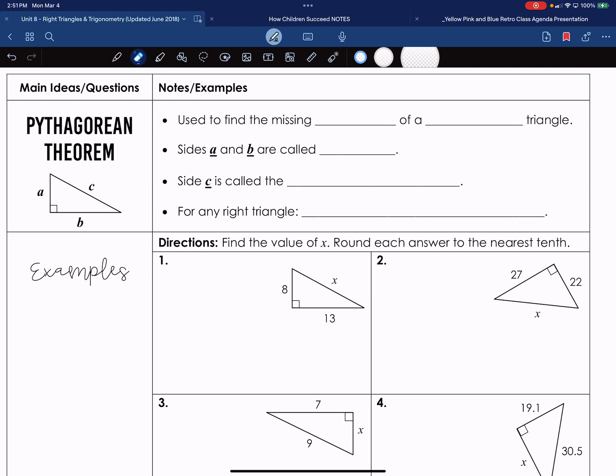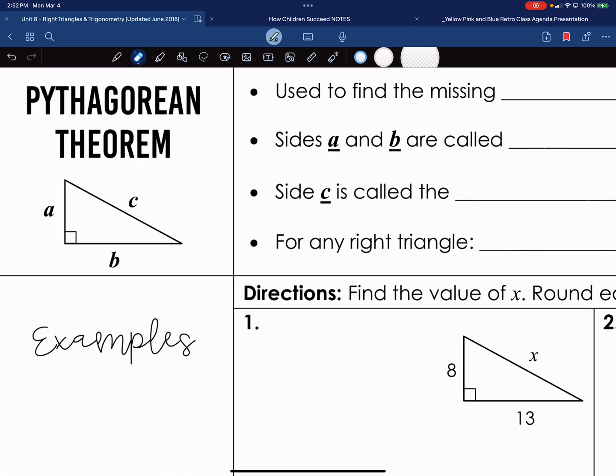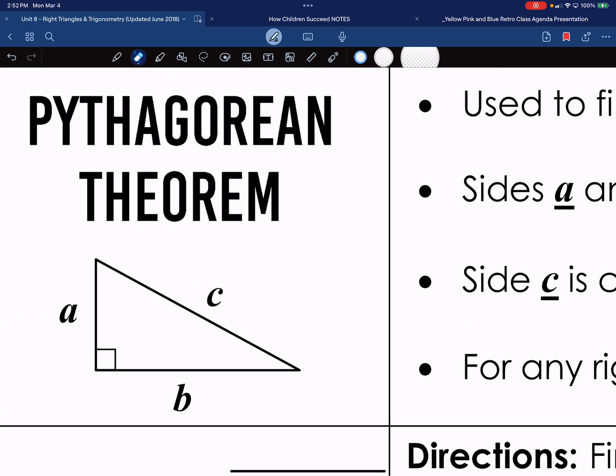Okay, so normally we just use Pythagorean theorem to see if a triangle is a right triangle, but you can also use it for other things. Okay, so if you look at the left side, they give you a picture. Okay, here are the legs of my right triangle. This is the hypotenuse.